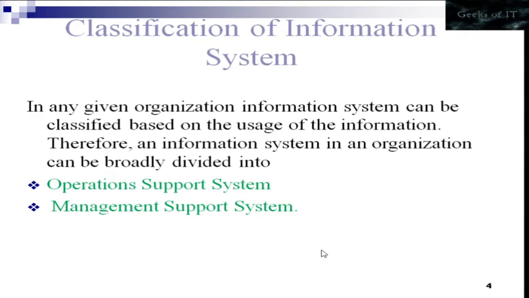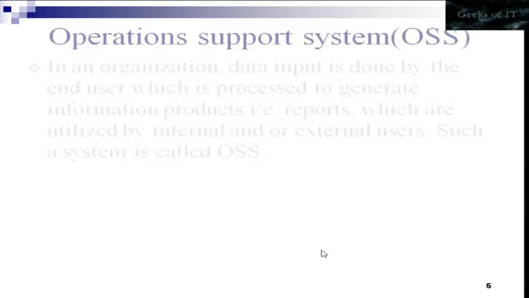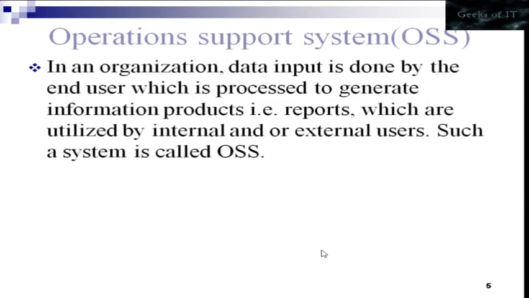Operation support systems are those systems that support the day-to-day activities of an organization. In an organization, data input is done by the end user, which is processed to generate information products, for example, reports, which are utilized by internal and or external users.